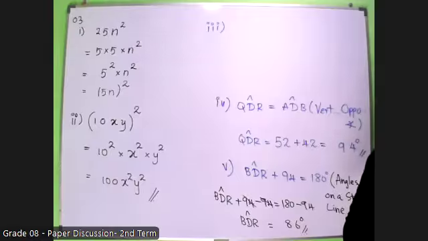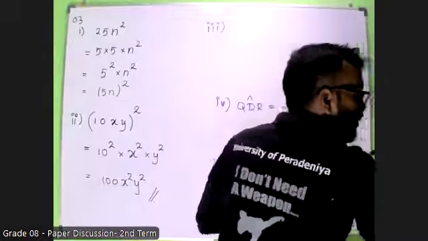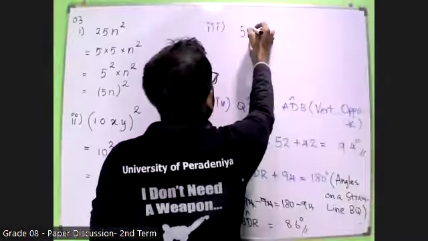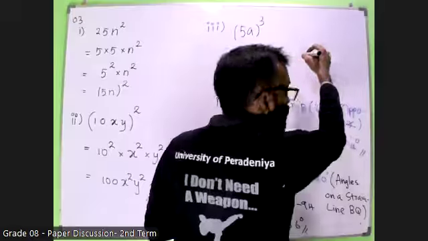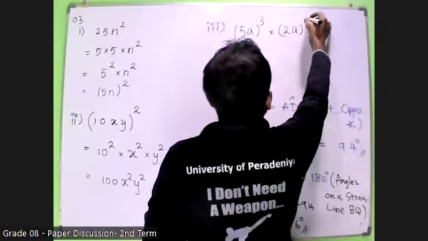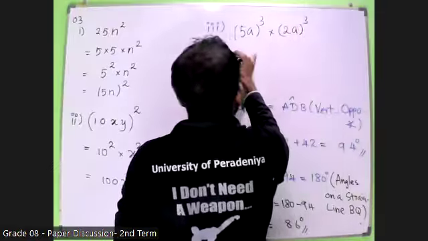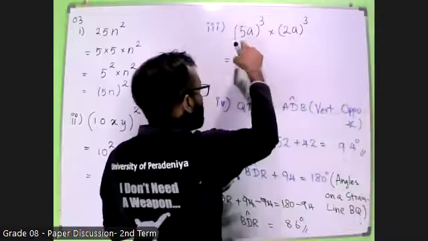Simplify 5a to the power 3 multiplied by 2a to the power 3. So 5a to the power 3. How do you expand?